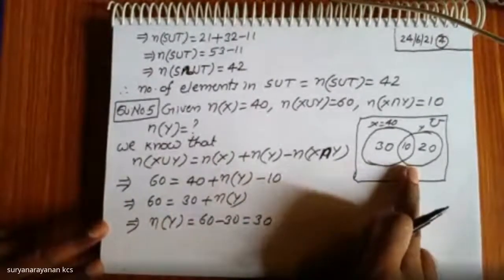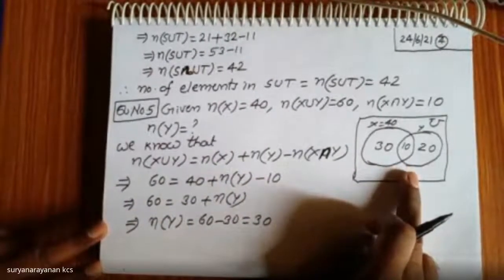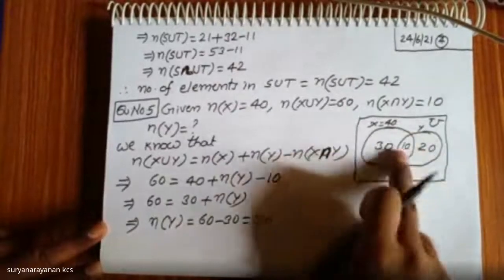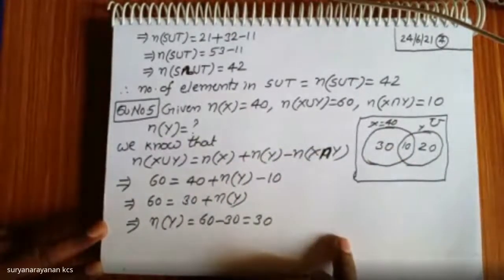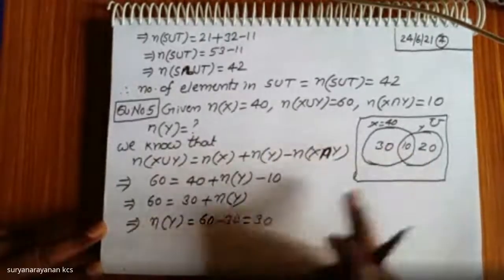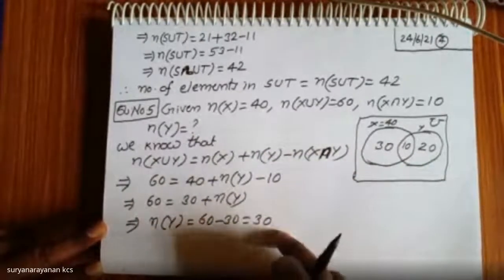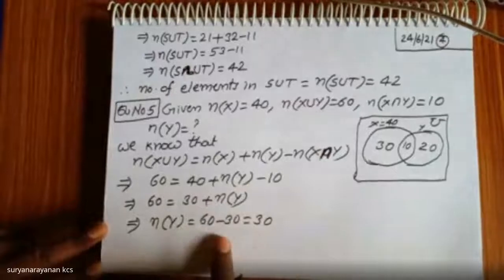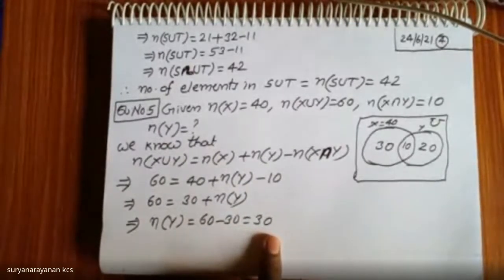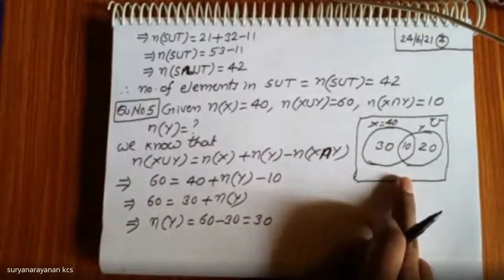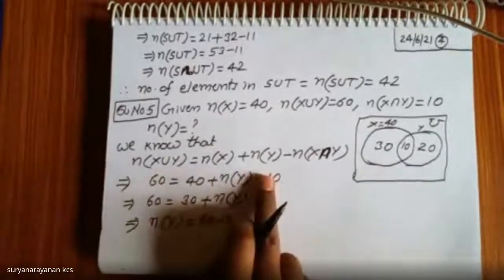Previously also Ria and Nikhil told n of y is equal to 30 by observing this Venn diagram. Both answers tallied, n of y is equal to 30. We can use the Venn diagram or we can use formulae also.